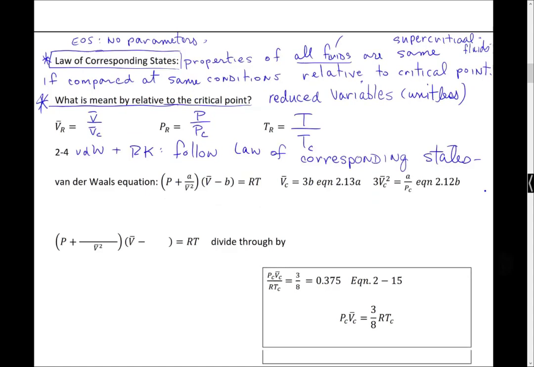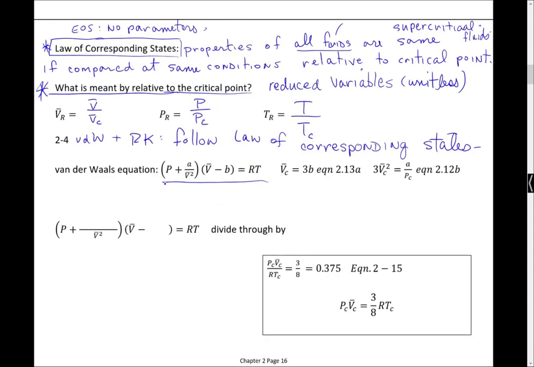All right. Okay, so we're going to start with our van der Waals equation. And then previously we know that we have relationships between parameters B and A and the critical molar volume and the critical pressure. So I'm going to rearrange this real quickly. This is going to become B equals V bar C over 3. Very straightforward, right? A will be equal to 3 critical molar volume squared times the critical pressure.